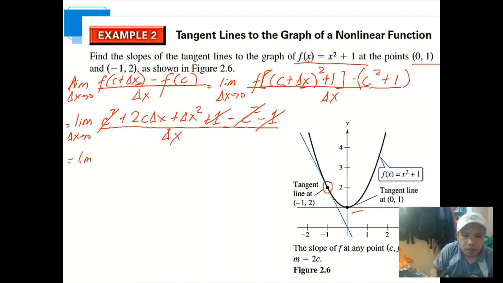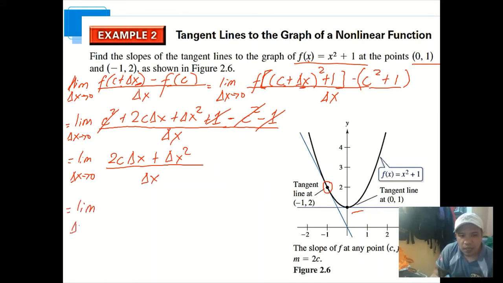Okay, so the limit of the function as delta x approaches 0 is 2c delta x plus delta x squared over delta x. So, simplify, delta x approaches 0. Kung pag-iwalayan natin itong function na to, may kanya-kanyang delta x.